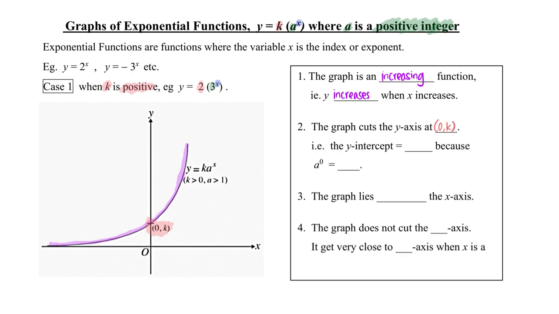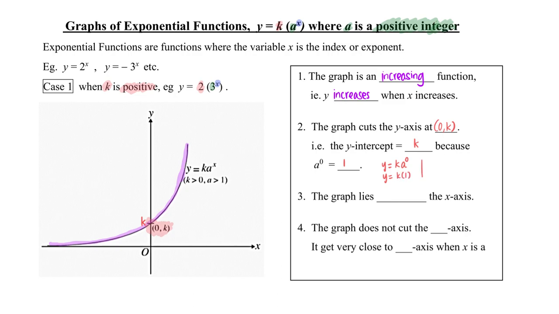So this is what we call the y-intercept, and therefore k is the y-intercept. a to the power 0 is always equal to 1, and therefore when we substitute x is 0 into y equals k times a to the power x, this leads us to k times 1.